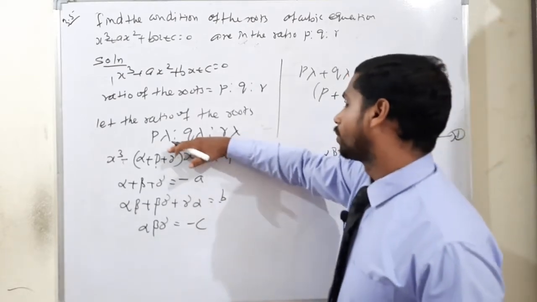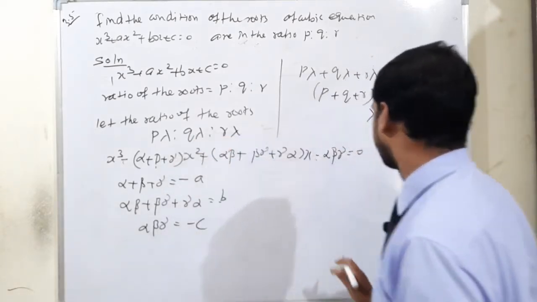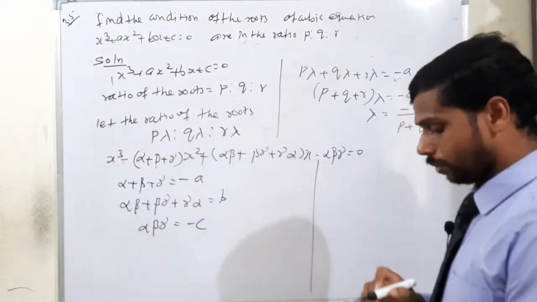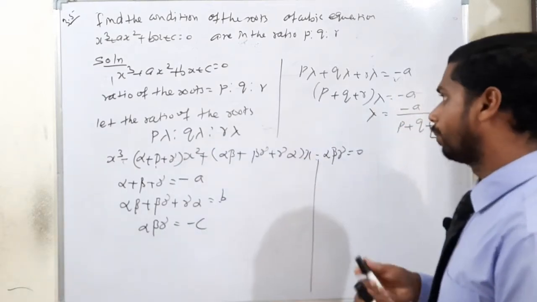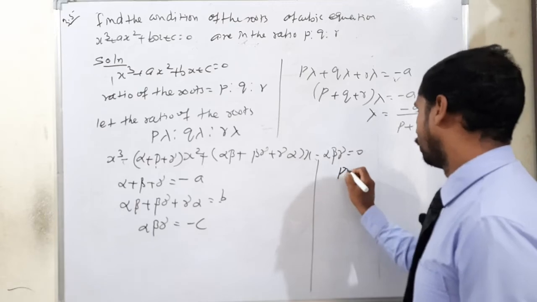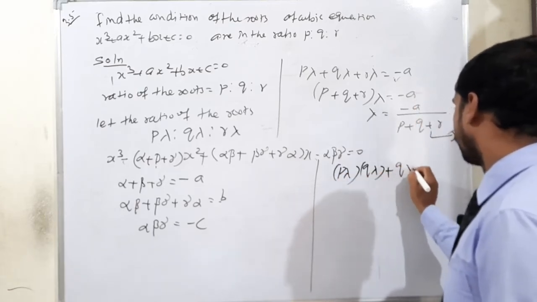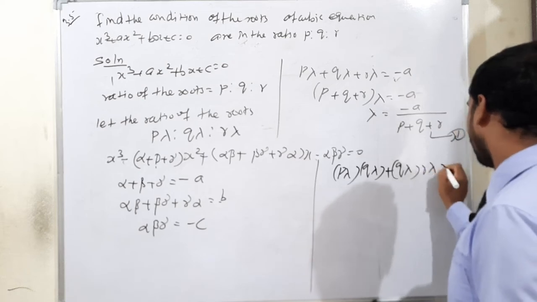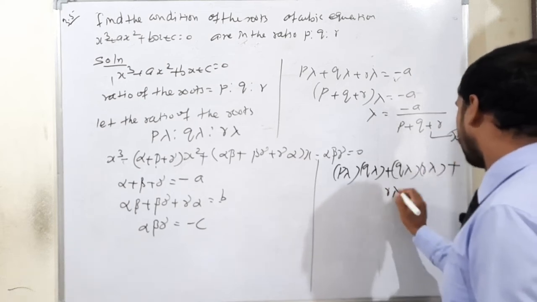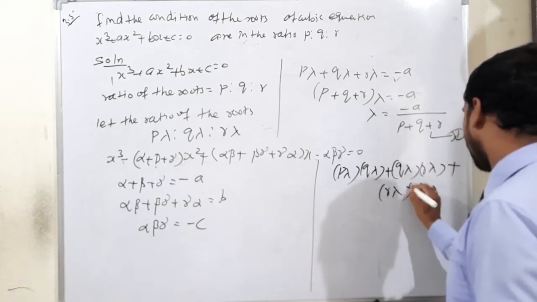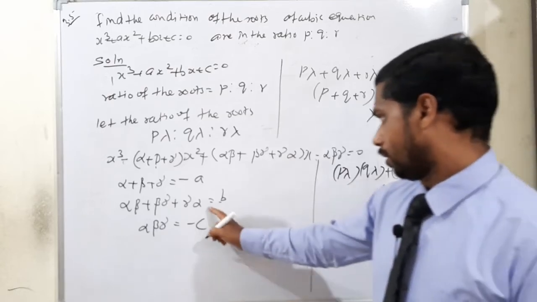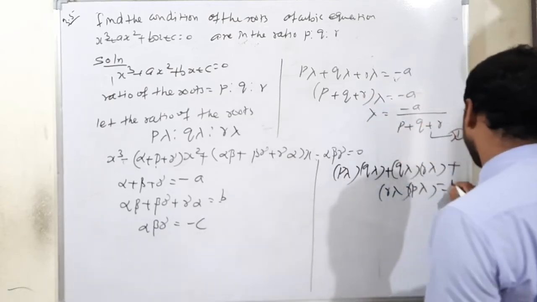Now the sum of the roots taken two at a time, from the ratio: p lambda into q lambda, plus q lambda into r lambda, plus r lambda into p lambda, is equal to b.